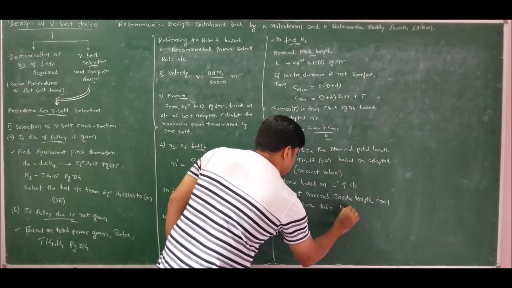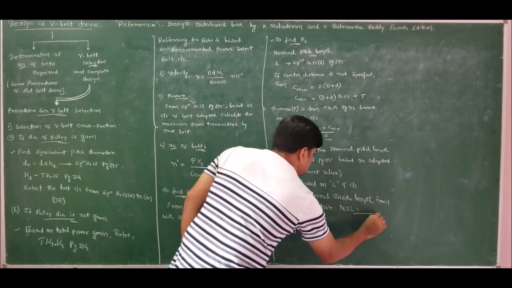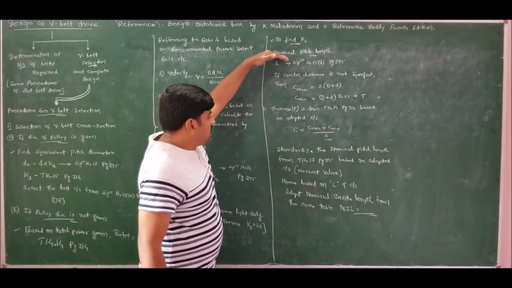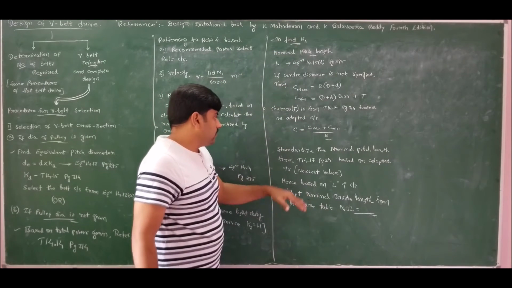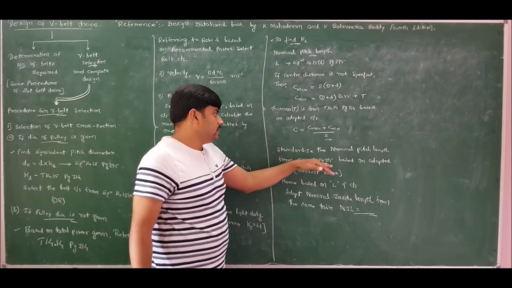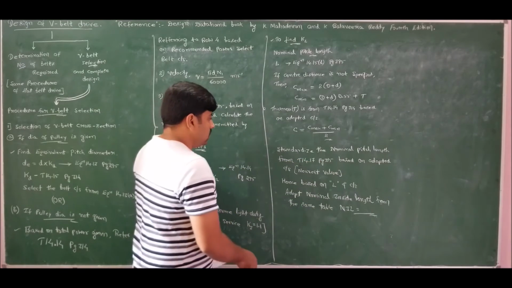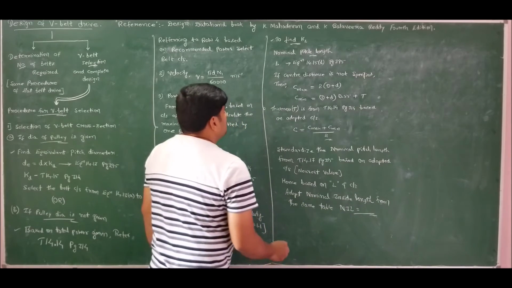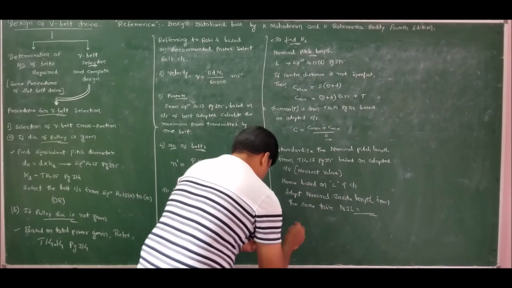That is, you will adopt nominal inside length also. So you will be adopting nominal pitch length as well as nominal inside length from table 14.17, referring to page 315. So once you adopt both L and nominal inside length, now I can find the value of KL from the table.